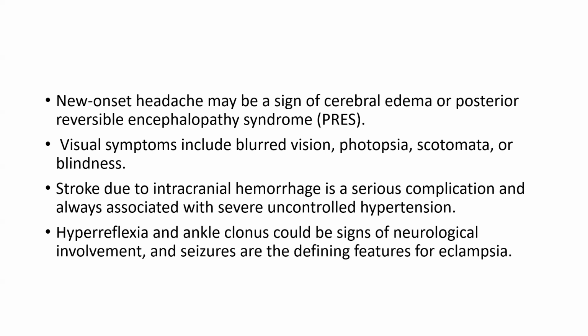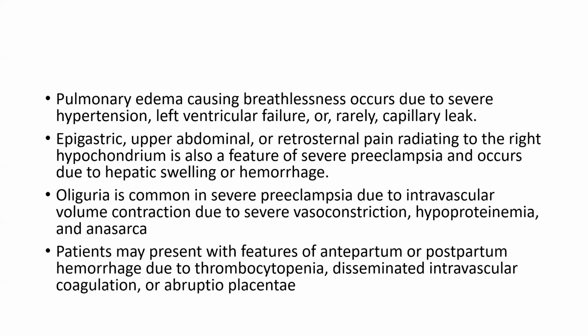Hyperreflexia and ankle clonus could be the sign of neurological involvement, and seizures are the defining feature of eclampsia. Pulmonary edema causing breathing difficulty occurs due to severe hypertension, left ventricular failure, and rarely capillary leak. Epigastric, upper abdominal, and retrosternal pain radiating to right hypochondrium is also a feature of severe preeclampsia and occurs due to hepatic swelling or hemorrhage.